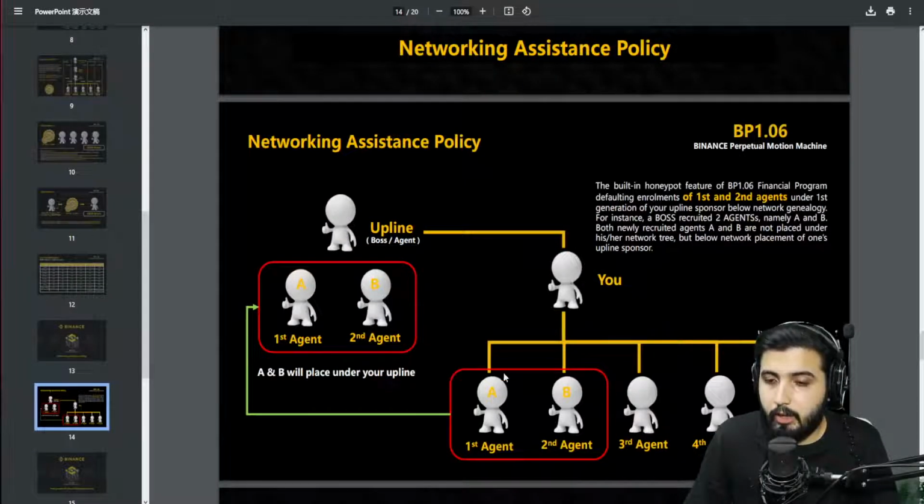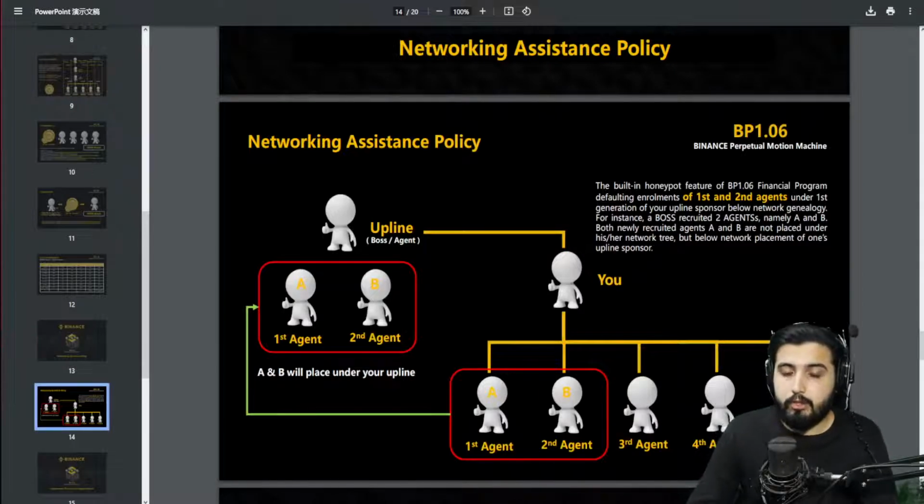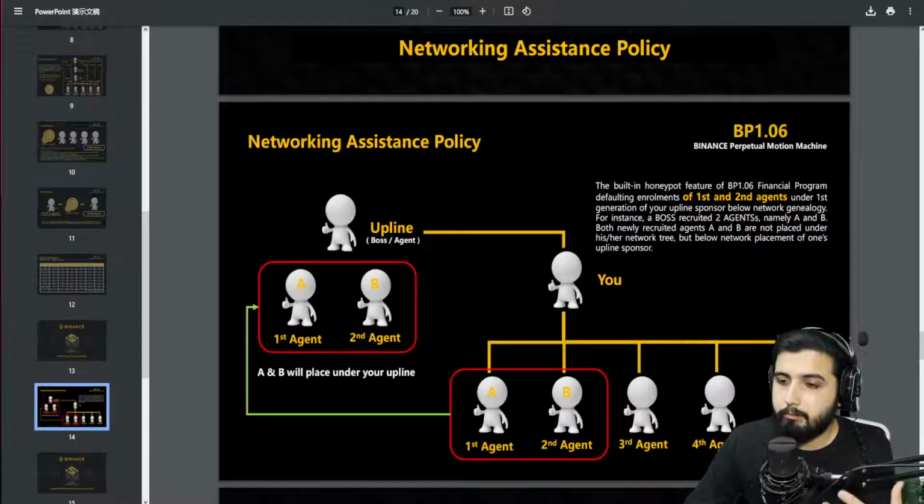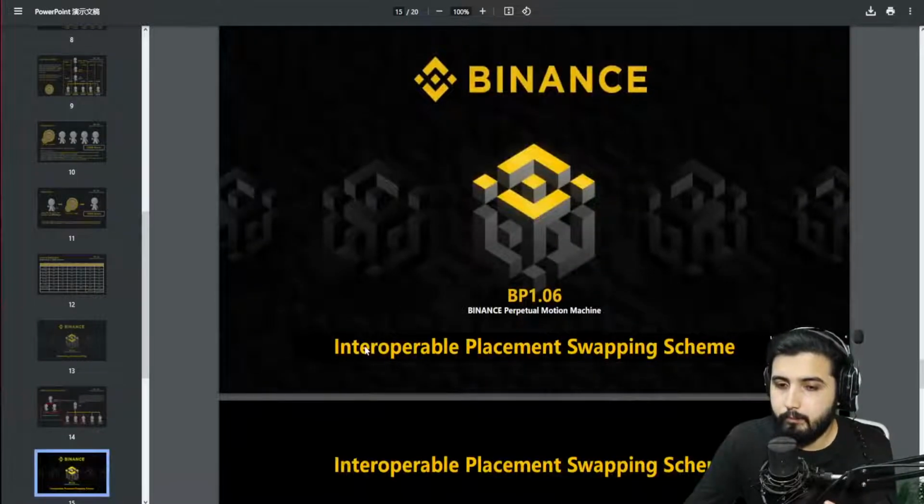Out of the 5 agents that we sponsor, the first 2 agents are not placed in our network. They're placed in our upline boss's network. This is their networking assistant policy.